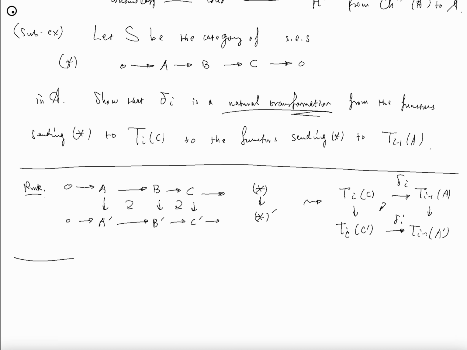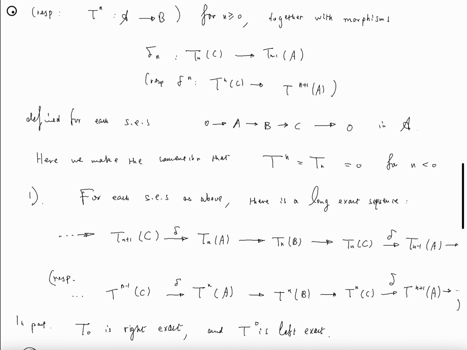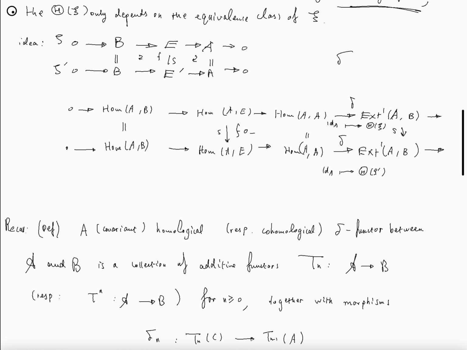And in particular, coming back to our case here, we got this C to C prime, and then this makes the diagram commutative.